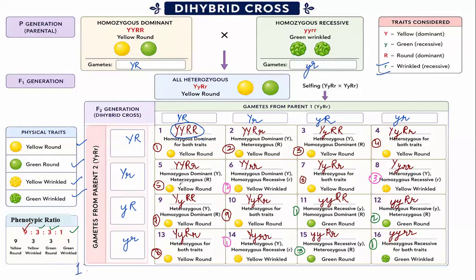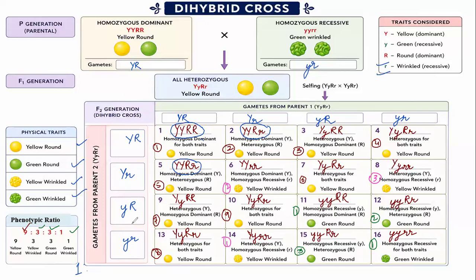Next, how many do you observe? Capital Y, and capital R and small r. How many are there like this? 1 is there. One more you have to see in which capital Y both are there. That is, both are dominant, homozygous dominant. And another one is capital R, small r. This one. Same it is.